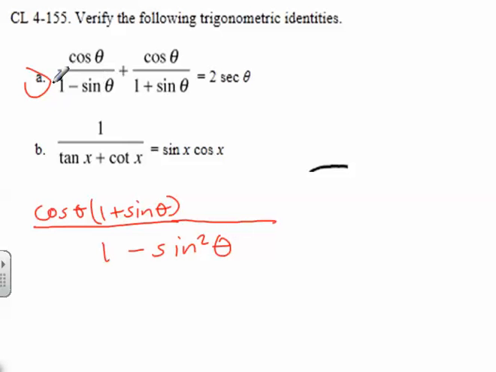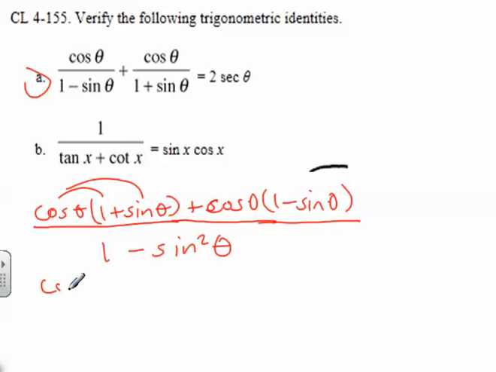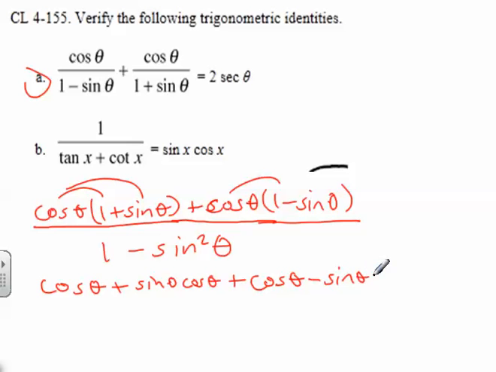and then this part needs to be multiplied by this cosine, so I'm adding that to a cosine of theta times 1 minus sine of theta. So let's distribute that and simplify. So we've got cosine of theta plus sine cos theta in there as well, plus our cosine of theta minus sine cos.